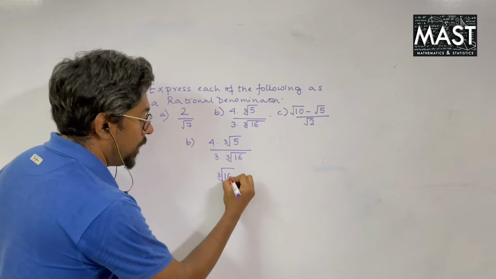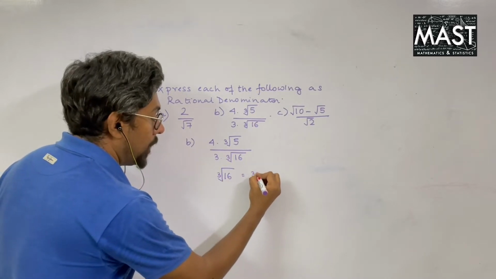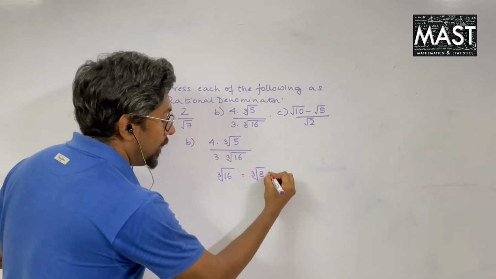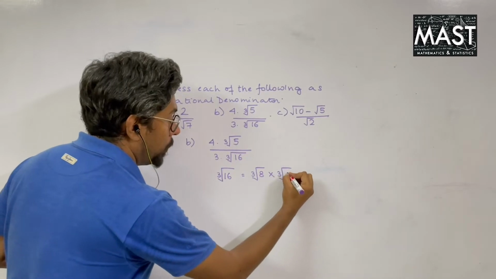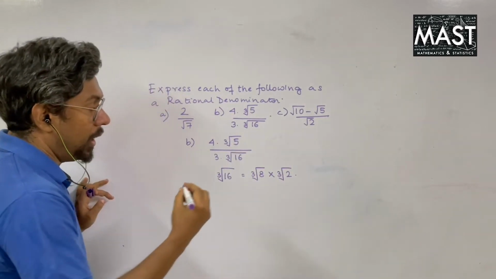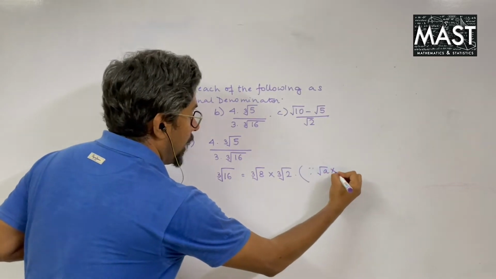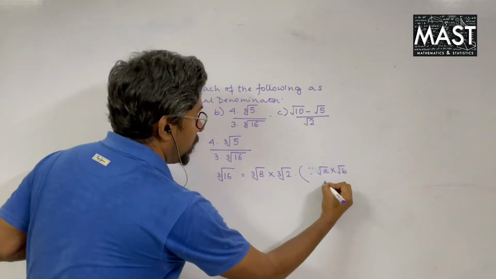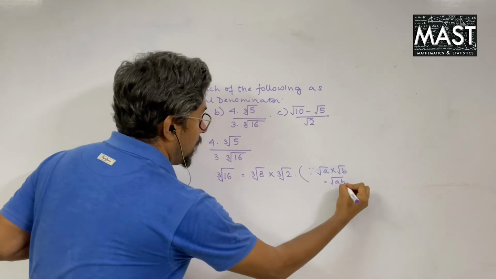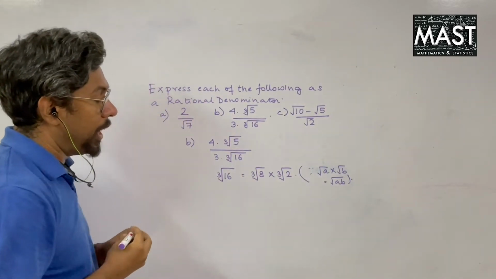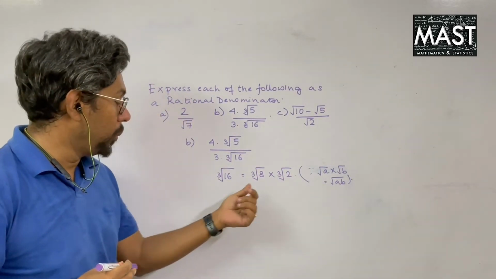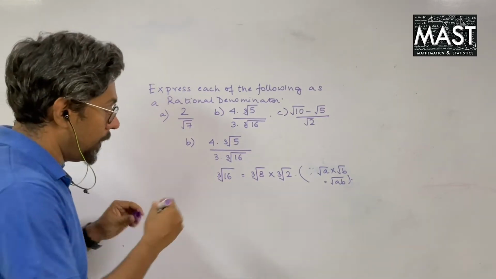Cube root of 16 can be written as cube root of 8 into cube root of 2. Why? Because we know root over A into root over B equals root over AB. So cube root of 8 into cube root of 2 would give you cube root of 16.